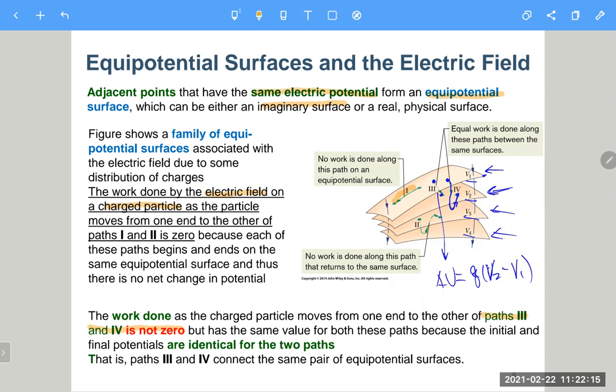Path 3 and path 4 connect the same pair of equipotential surfaces, which means that the work done for path 3 and path 4 is the same, with a value that is not equal to 0. So any questions?